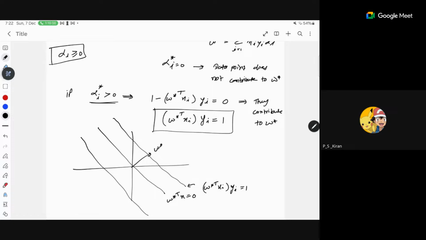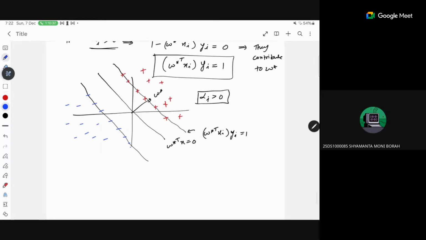The points which are on the supporting hyperplane have alpha i greater than 0. The other points which are not on the supporting hyperplane, do they contribute to w? No, right? So for them, alpha is equal to 0.